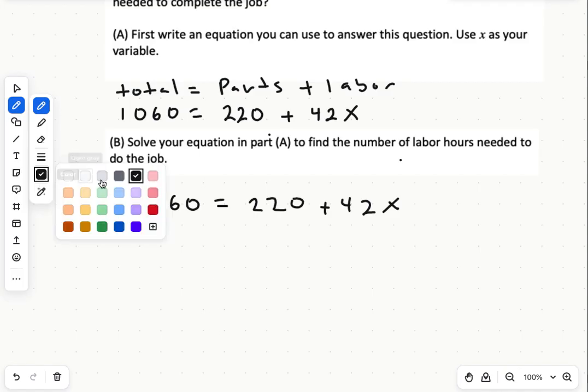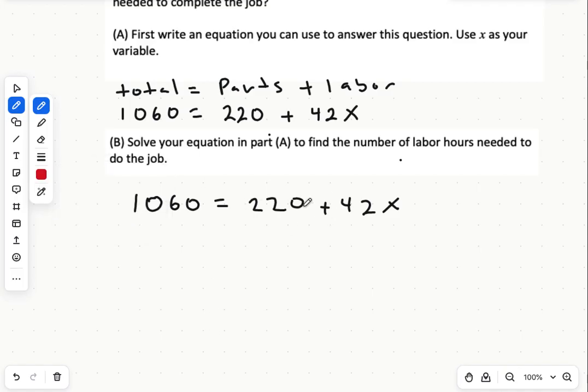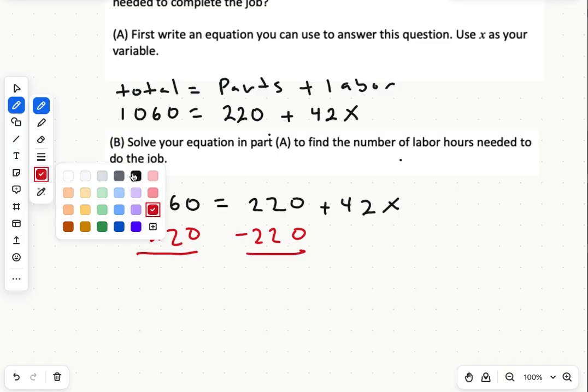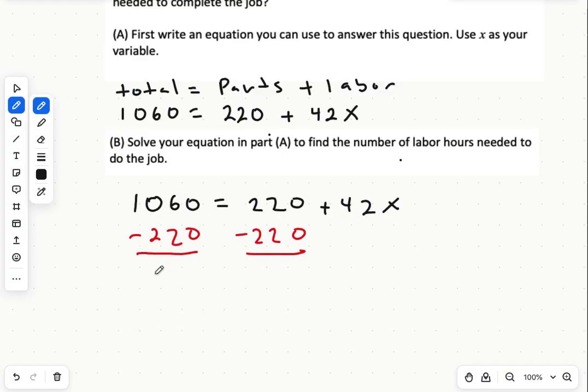And we're right back to solving a linear equation. So we have the 220, which is positive, and so that means we would have to subtract that to get it over to the other side. If we do that, that will be 840.